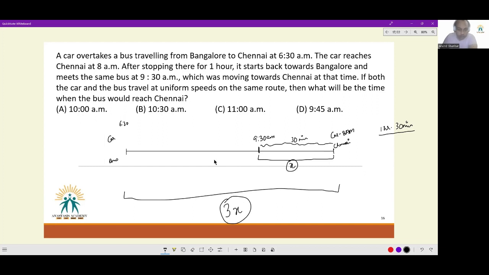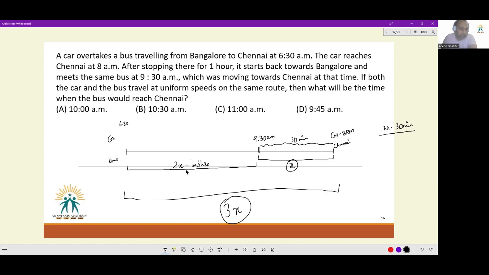So what has our bus done? Our bus has covered 2x distance in 3 hours, from the first meeting point to the second meeting point.